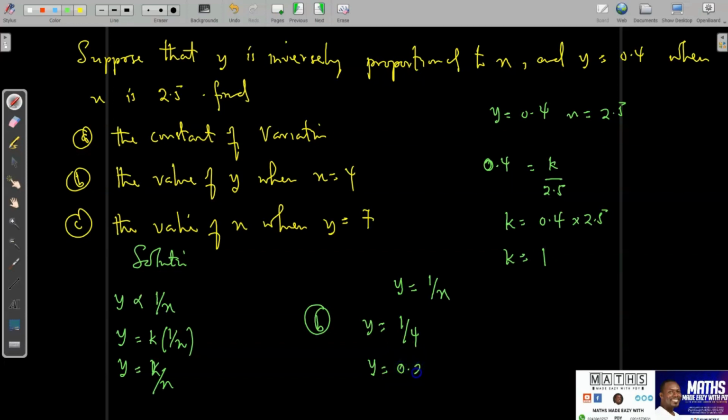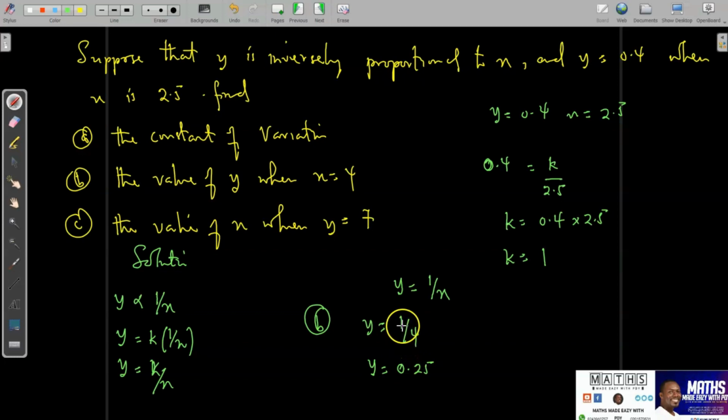0.25. Good. You can leave your answer as 1 out of 4 or also write it in decimals, and it's accepted. But a warning: when it is a recurring decimal, I'll advise that you leave it in fraction form.